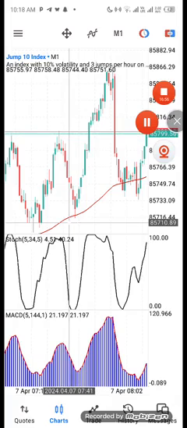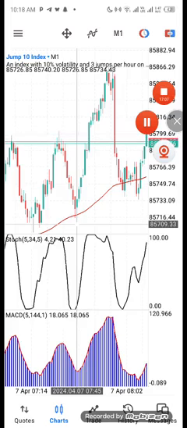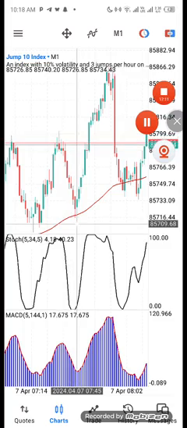Because at this point level, this is a short time oversold region. It's just short term, because if you check the higher time frame, it's possible that the market is just retracing.